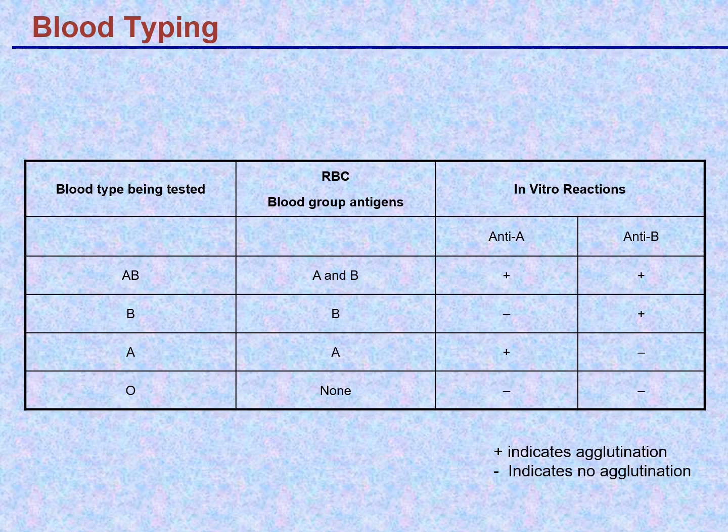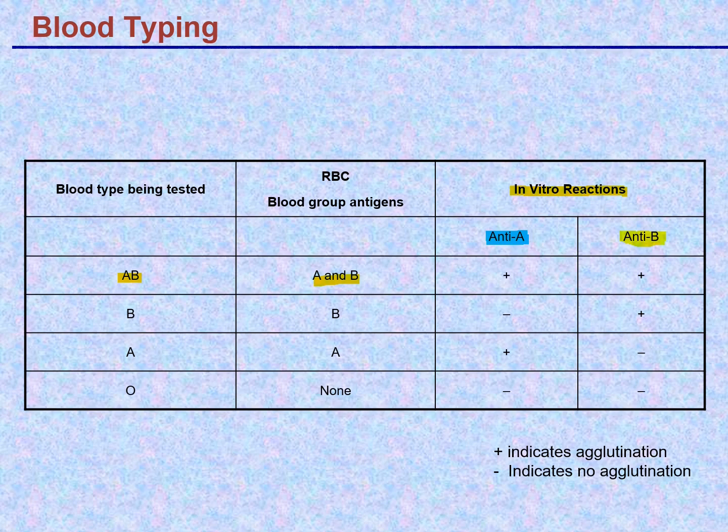If the person is AB, their ABO type is AB, then they have A and B. Now this is in vitro reactions using commercial anti-A, which I will highlight blue because commercially prepared anti-A antibody is always dyed blue, and I will label the anti-B commercially prepared antibody yellow because it's always dyed yellow.